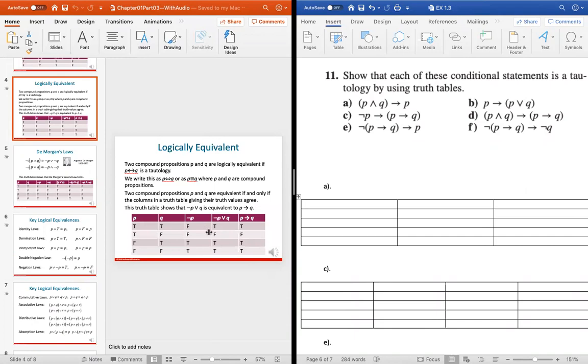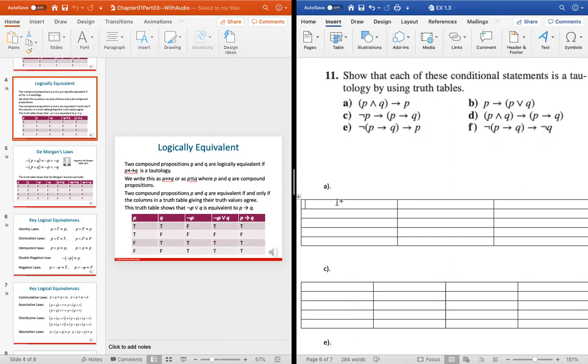So for example, in order to make this a tautology, all these should be true, and the only possibility for this conditional statement.